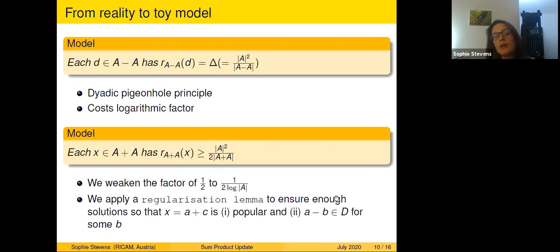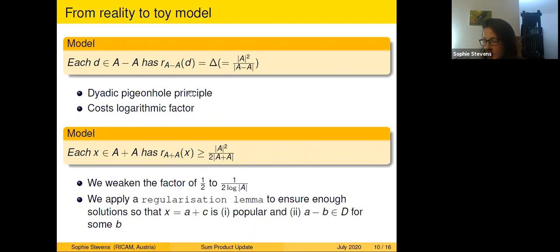And for this, we apply a new regularization lemma, which I won't talk about, but I will just say that by applying it, we can ensure that this element X is as popular as we need it to be, as long as we're willing to weaken our condition of popularity. And also, the second point is really saying it just interacts well with this difference set as we want it to.